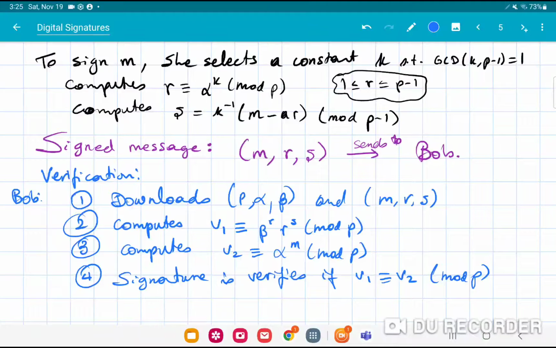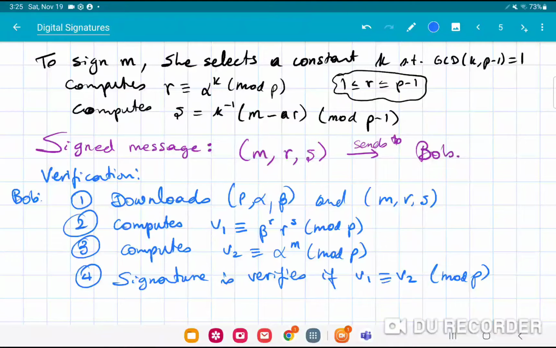Then I'll show you how the birthday attack can be applied to forge a signature if Fred, the accountant, wants to forge it. We talked about this in class, but we'll start with that. So I'll just do the verification now.